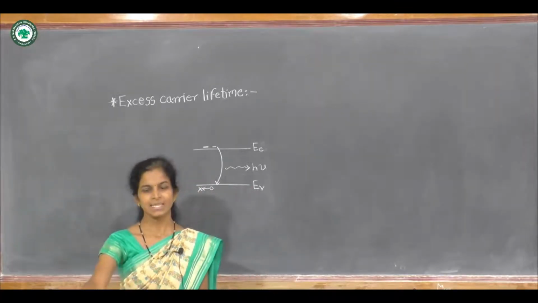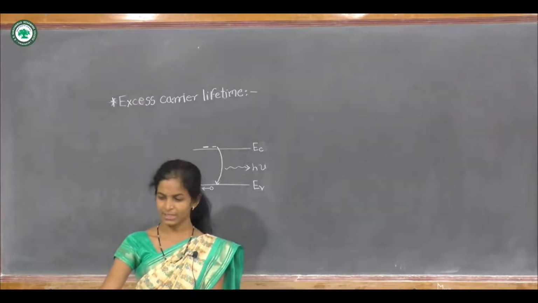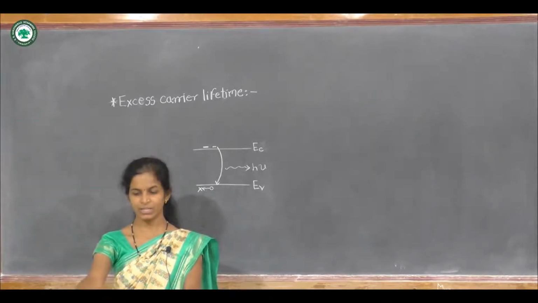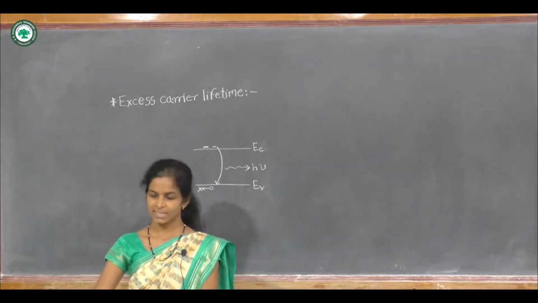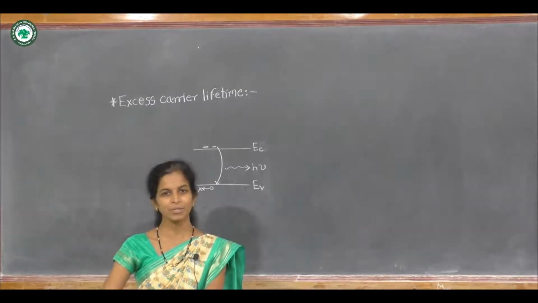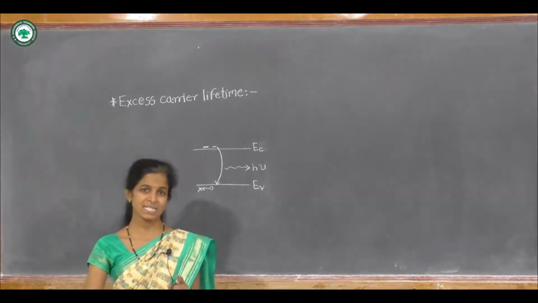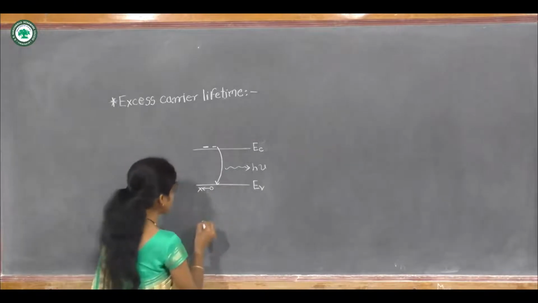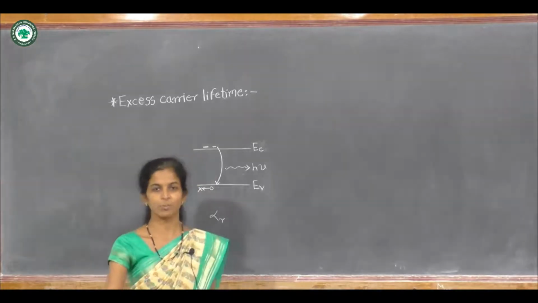As in this case the carrier scattering has a constant probability, which leads to an exponential solution for the decay of excess carriers. The rate of decay of electrons at any time t is proportional to the number of electrons remaining at time t and the number of holes, with the proportionality constant alpha r, the proportionality constant of recombination.